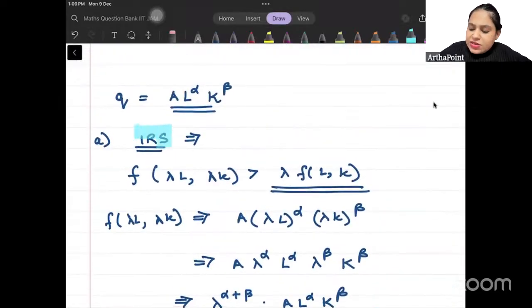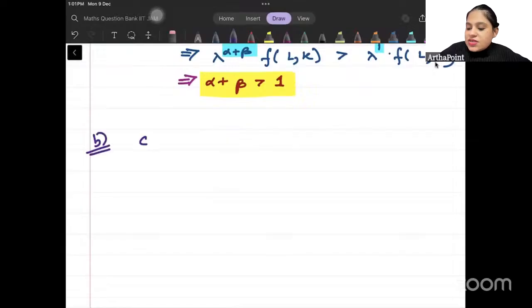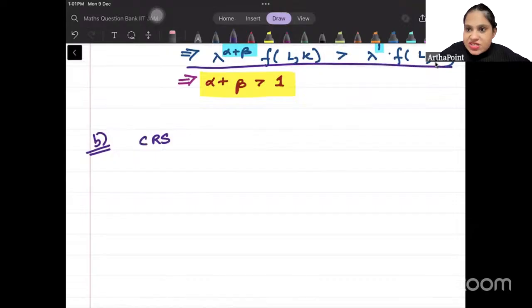I will not repeat this, but you can do a similar thing for CRS and a similar thing for DRS also, right? So what will happen in that case? For CRS, if you use the same mechanism, you write all of this the same way. But for CRS, what is your equation?